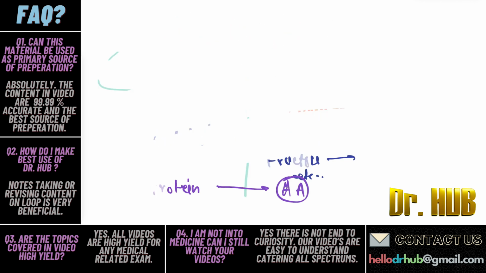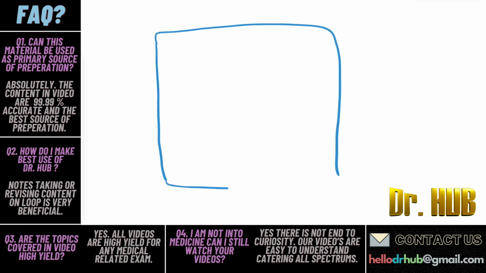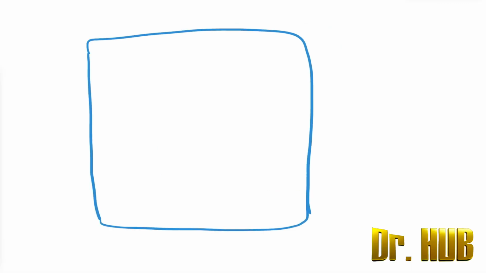So all this will enter the mitochondria. Let's draw the mitochondria. All this enters the mitochondria as acetyl CoA and enters the citric acid cycle.